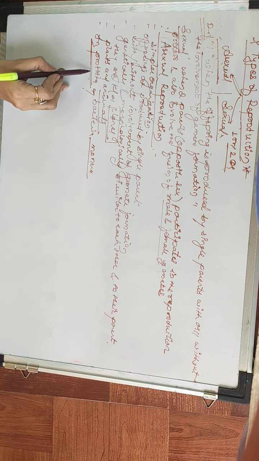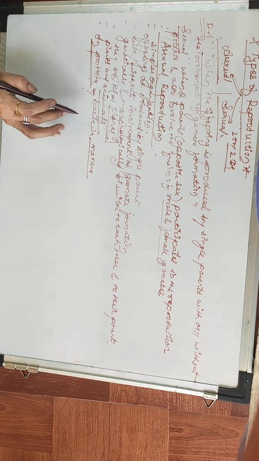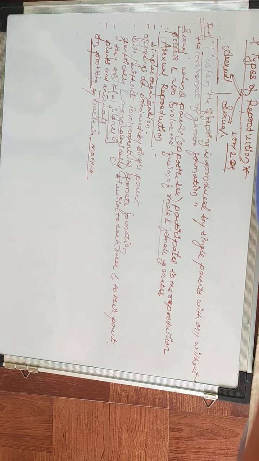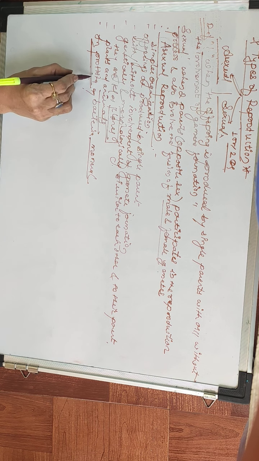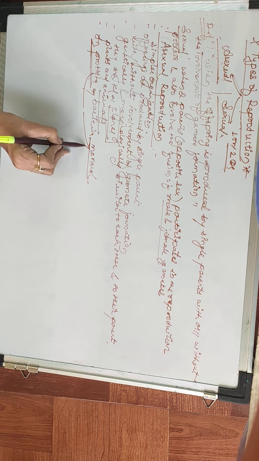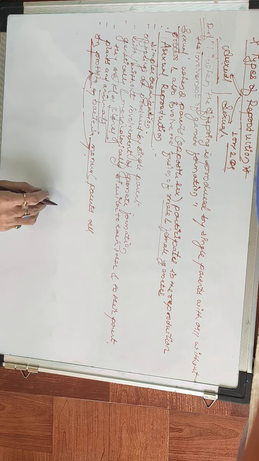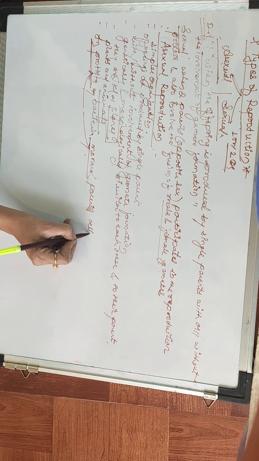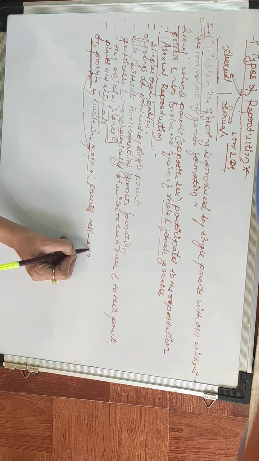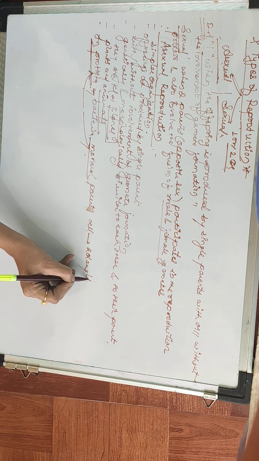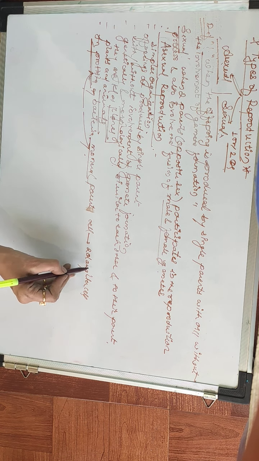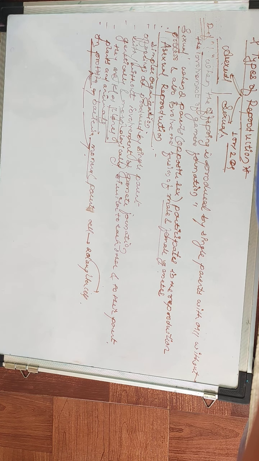Here in protista and Monera, the parent cell divides into two daughter cells, and those daughter cells give rise to two new organisms or two individuals.